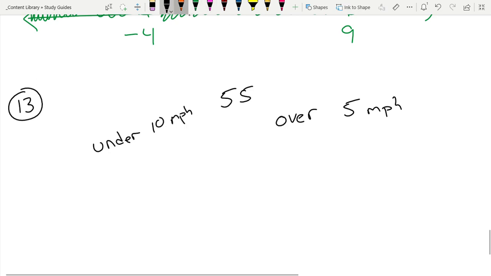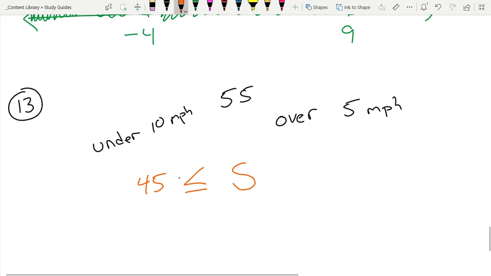So our goal is to figure out, well, what speeds can I actually move at? So I'm going to use S for my speed. So my speed has to be, if 55 is the limit and I can be under that by 10, 45 is the smallest that my speed can be. So my speed has to be bigger than or equal to 45 miles per hour.